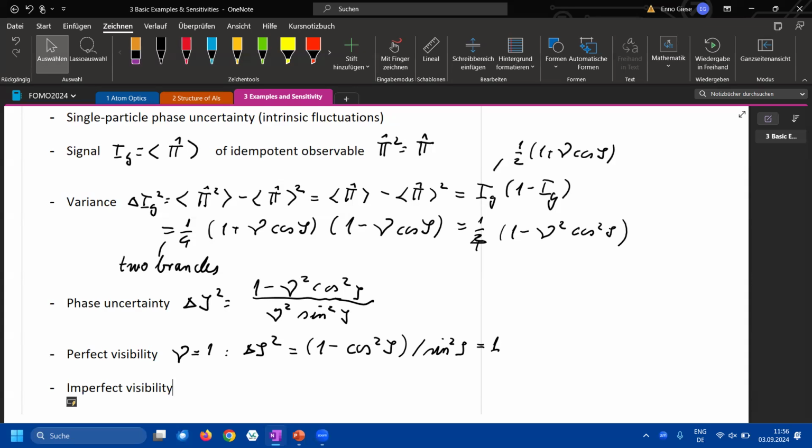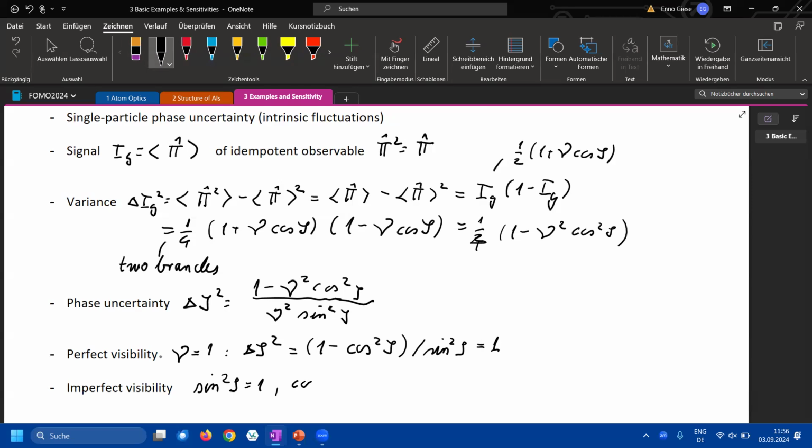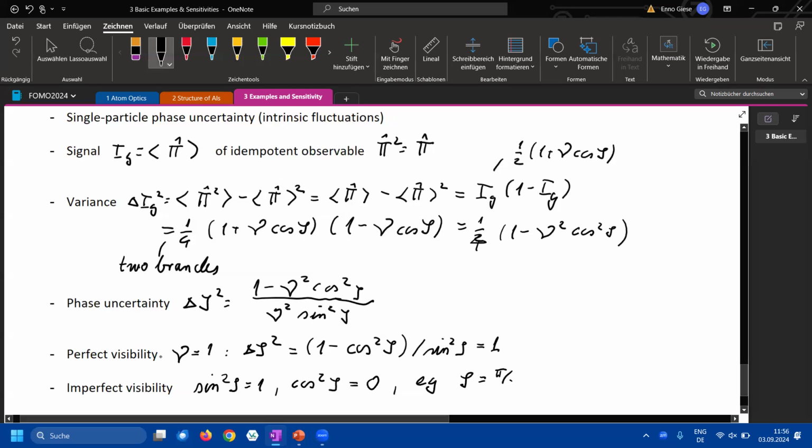Sine can be equal to 1. So we just set a phase where sine squared is equal to 1. At that point, cosine squared is equal to 0 because phi is just the point of operation.